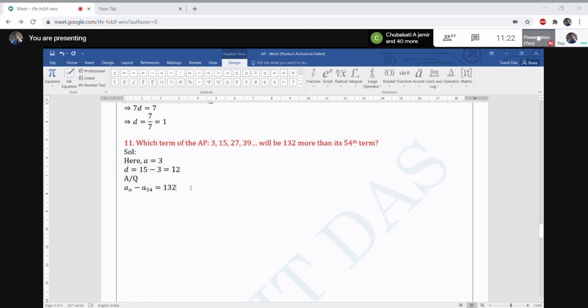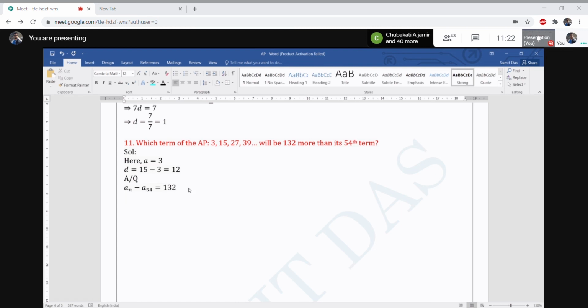Okay, so now put the formula. What is the nth term formula? It is a plus n minus 1 into d, and the a54 formula will be a plus 53d, which is equal to 132.